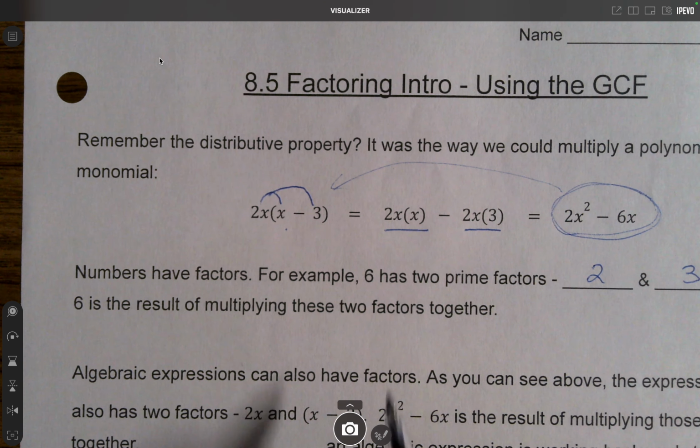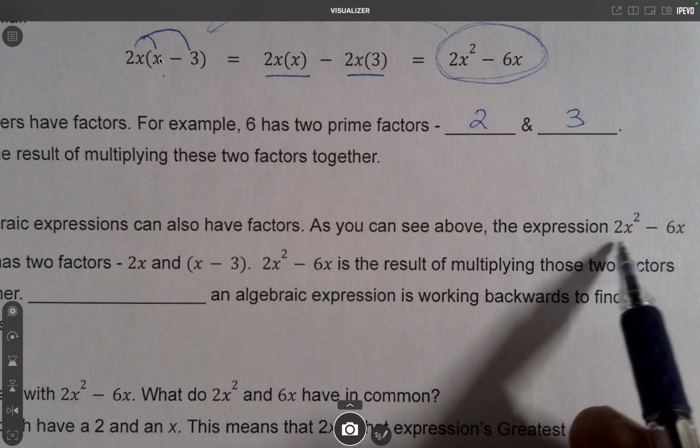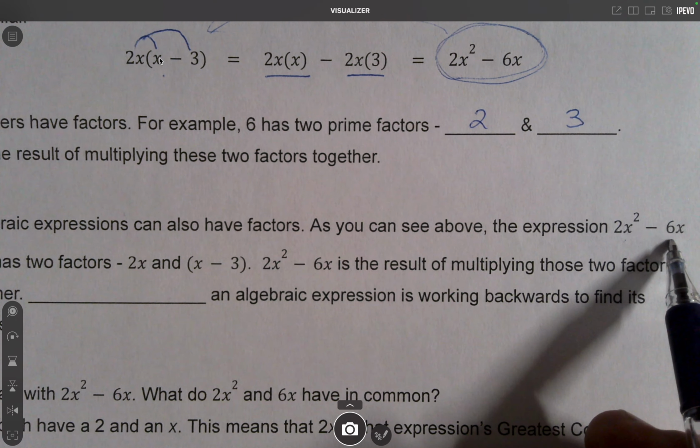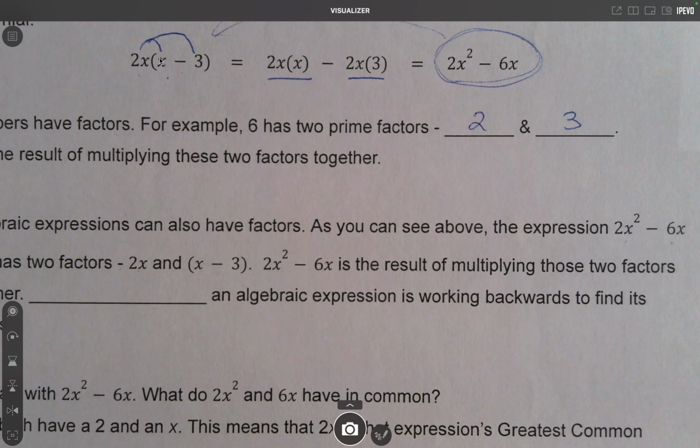So we've factored numbers before, but it turns out that expressions also have factors. As you can see above, what we ended with, 2x squared minus 6x, has two factors. That's what we started with. And this is a hyphen, not a negative. I'm saying the two factors are 2x and x minus 3.